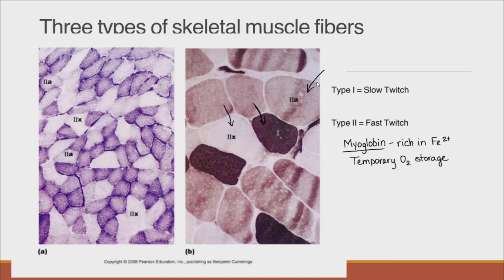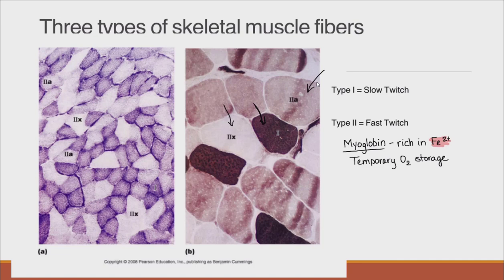So much like hemoglobin transports oxygen around the body in red blood cells, myoglobin grabs and holds oxygen in muscle fibers. And since oxidized iron is red in color, the more myoglobin you have, the redder your cell is.